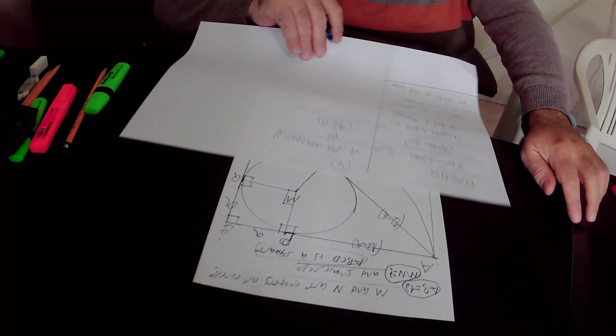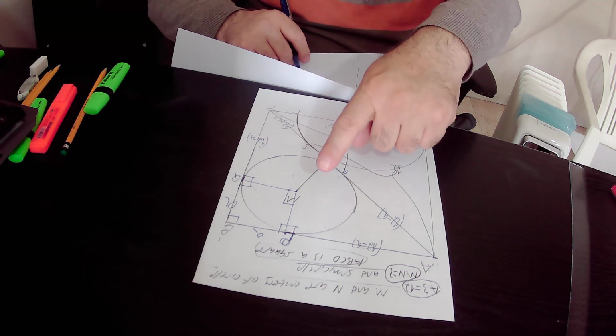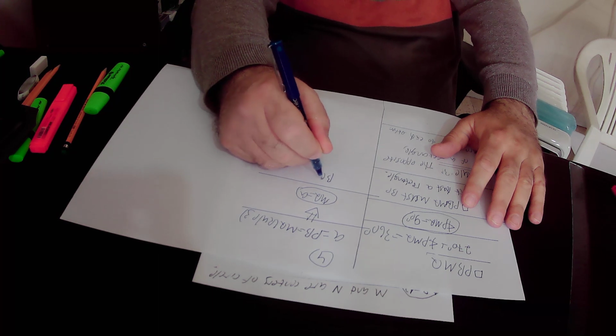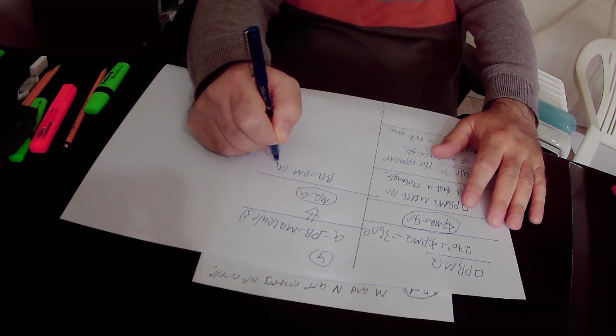Likewise, BQ must be equal to PM, according to rule number 3, of course.